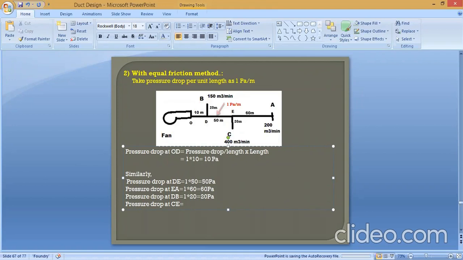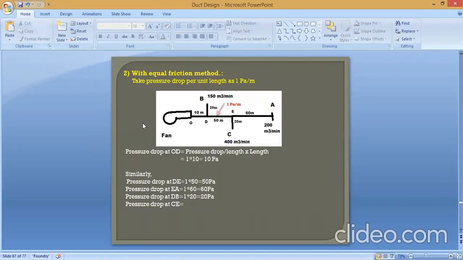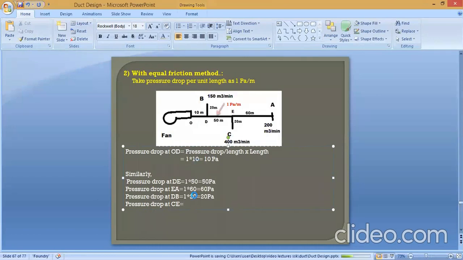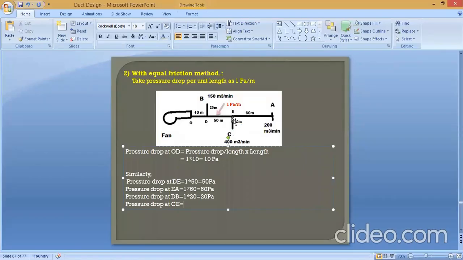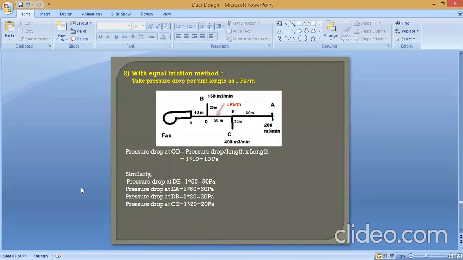And finally, C to E. Where is the branch C to E? C to E is 20. So 1 into 20, which is again 20 pascal. Okay, so this is the pressure drop at each and every branch.